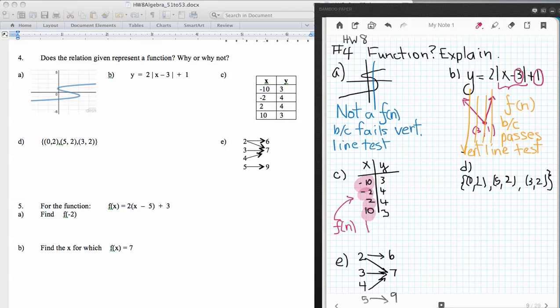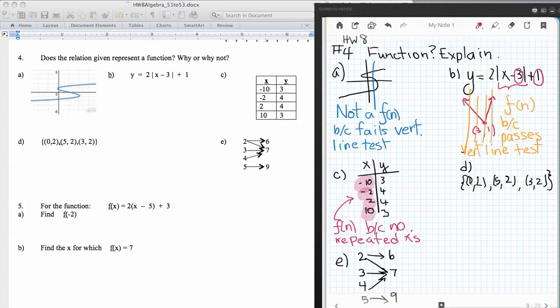So this one's a function because there are no repeated x's. And I'll allow you to just say that there's no repeated x's. That's because you can't have the same x that gives you two different y's. So if there's no repeat, there's no possibility of that happening.